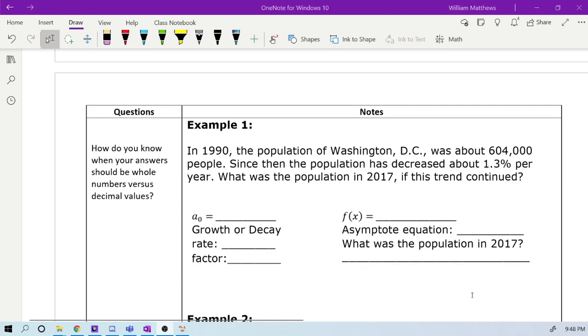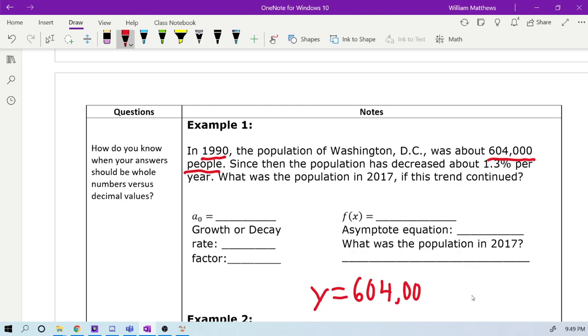So if we look at this, the problem states in 1990, the population was 604,000 people. So this would be our start. Now our rate states that it decreases 1.3%.